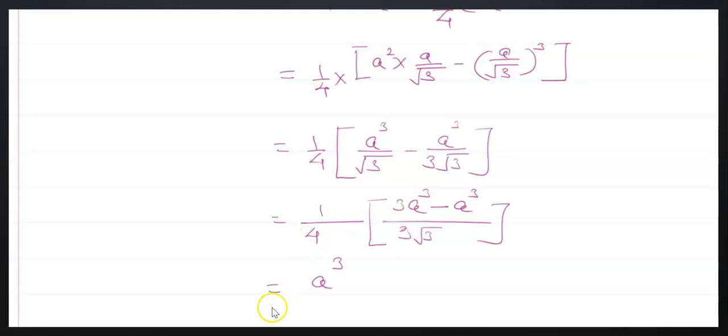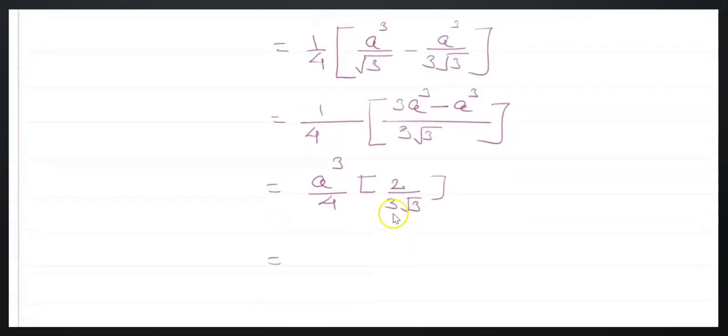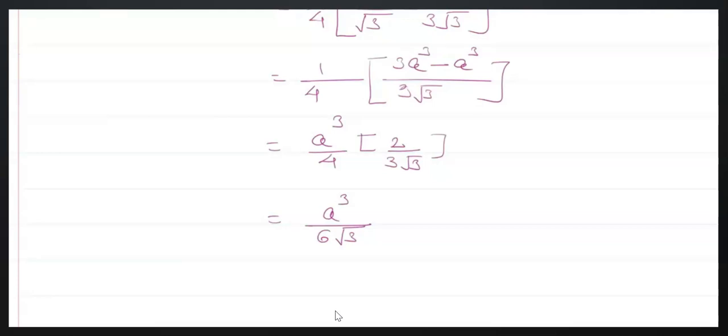Here is 1 by 4, and overall I'm taking a cube as common. A cube upon 4. Here is 3 a cube minus a cube, which is 2 a cube, upon 3 root 3, and its simplification is a cube upon 6 root 3. This is what we wanted to prove.